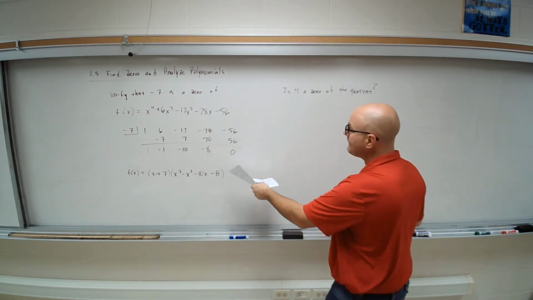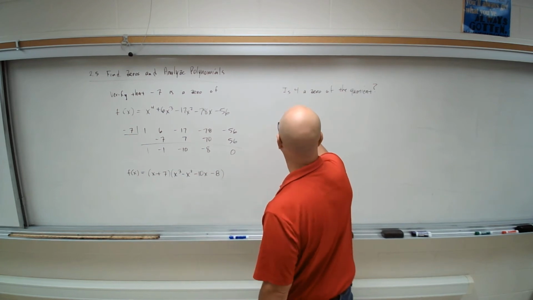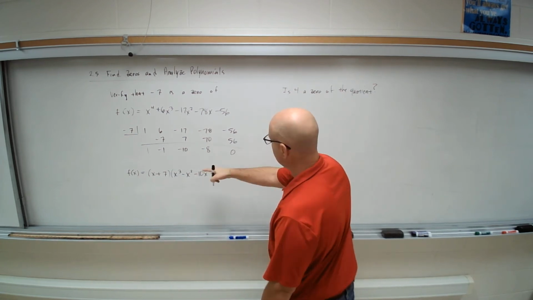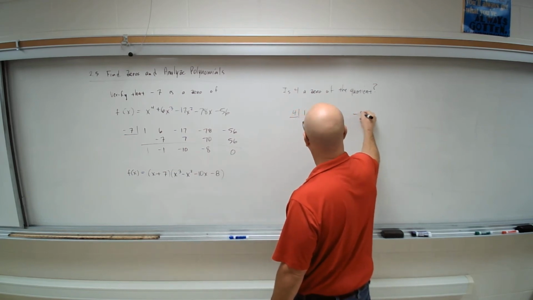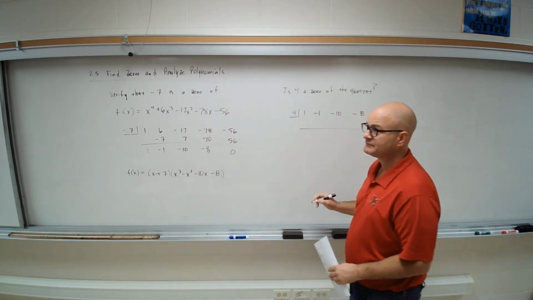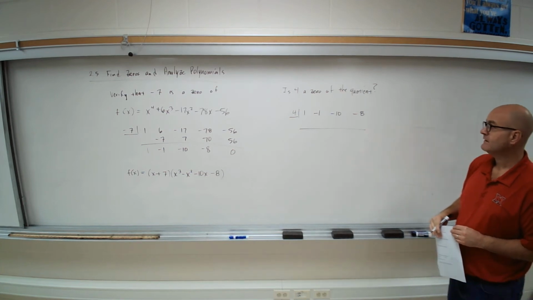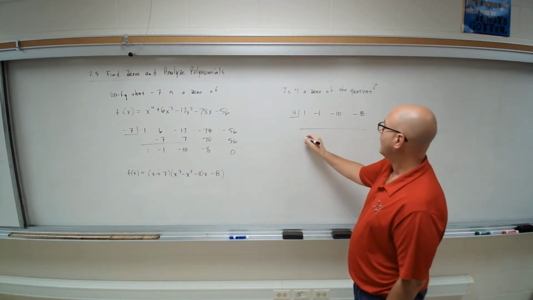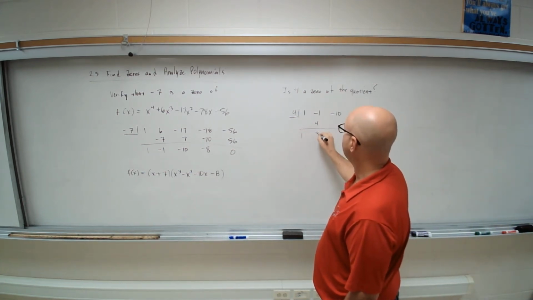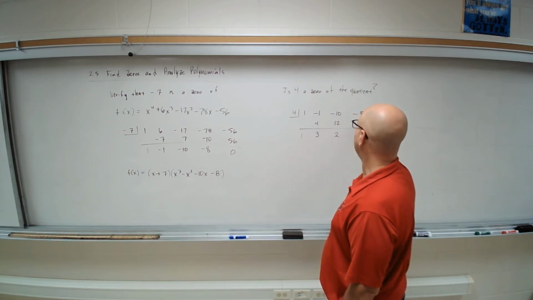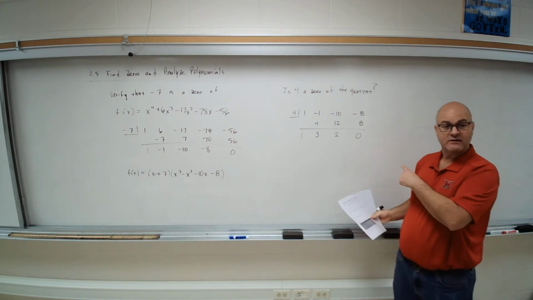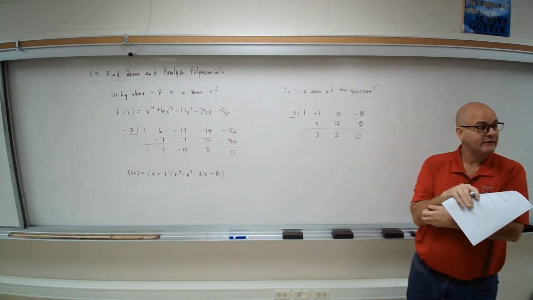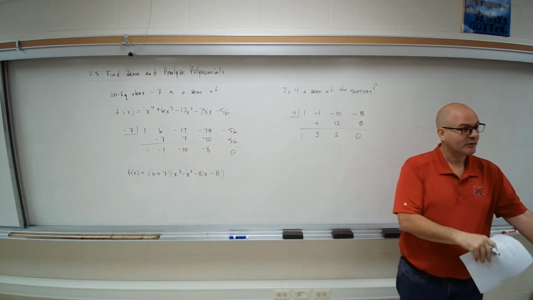So what we'll do is put 4 in the corner, and then 1, -1, -10, -8. We get 1, 4, 3, 12, 2, 8, 0. So was it a 0? Sure. And if it's a 0 of the quotient, it had to be a 0 of the original.